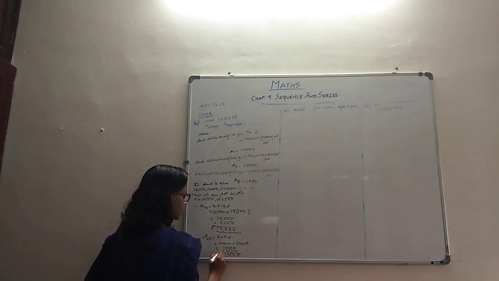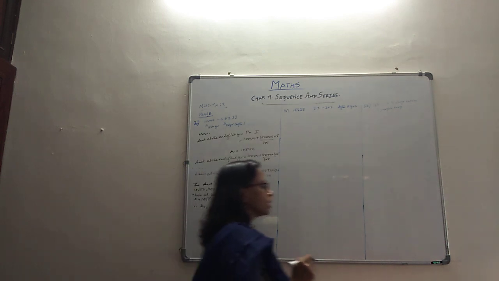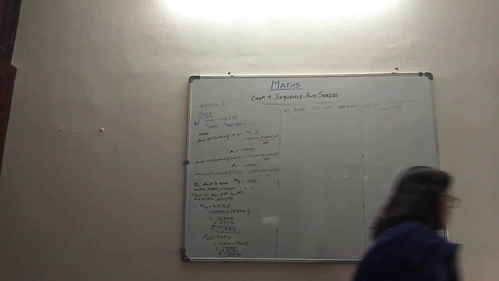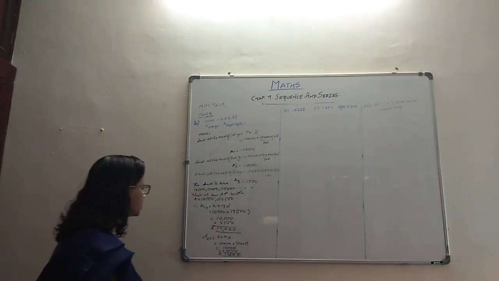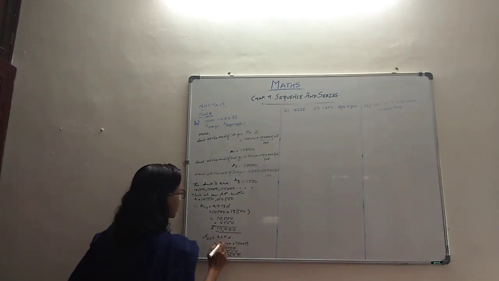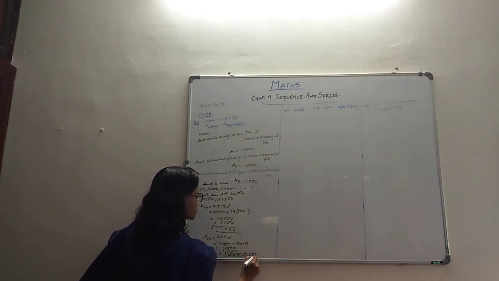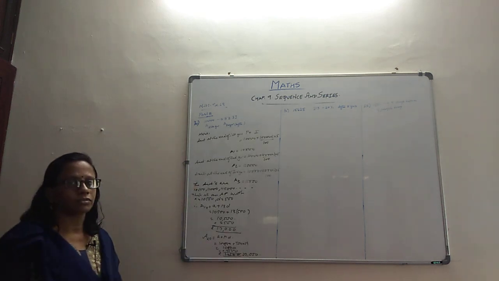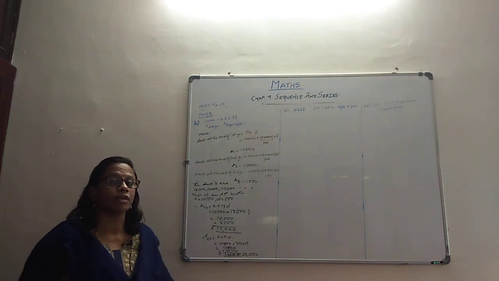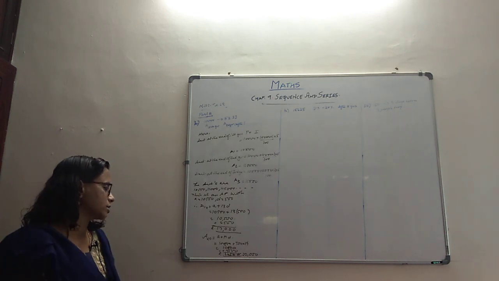Yeah, 19,500 rupees he'll get. No, something has gone wrong. A plus N, why have I written it as 10,000? It is 10,500. That's why. No longer 19,500, it's 20,000. Yeah, because we take the first A1 always, right? So that's about this.